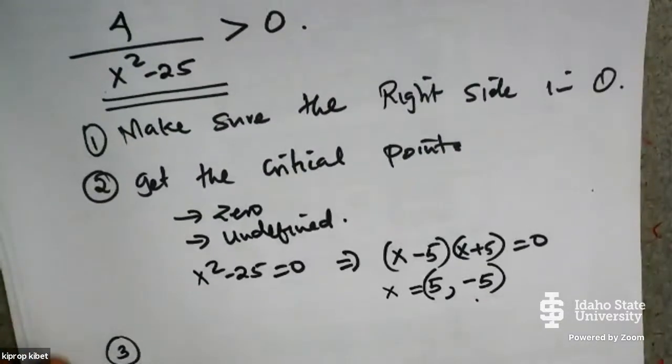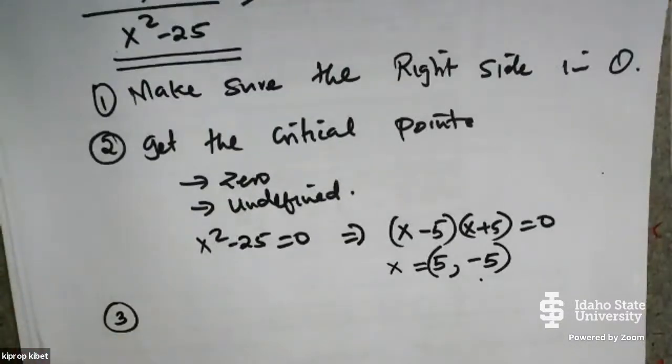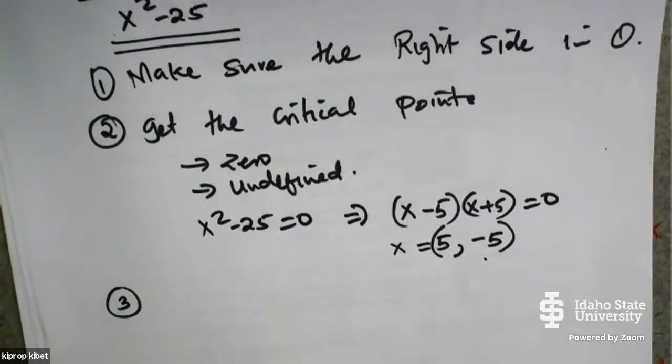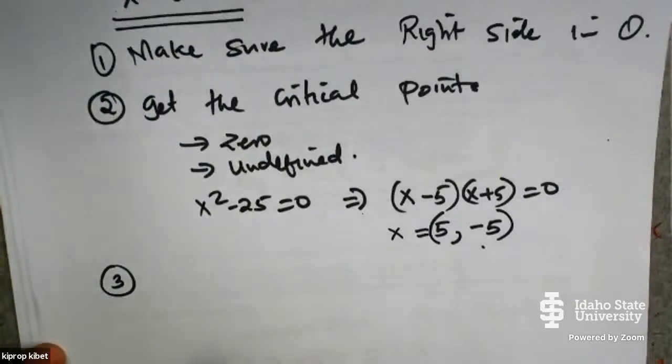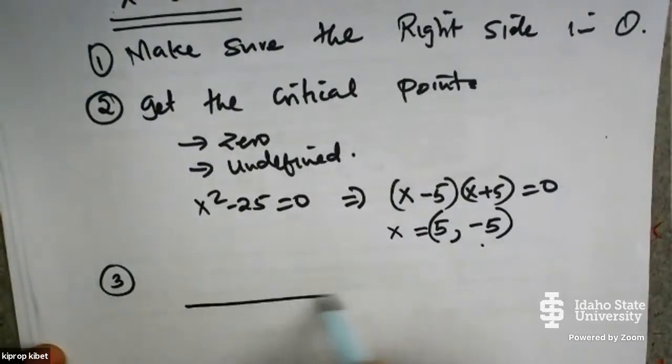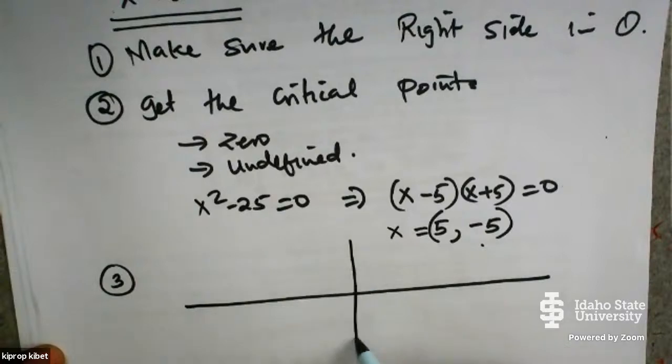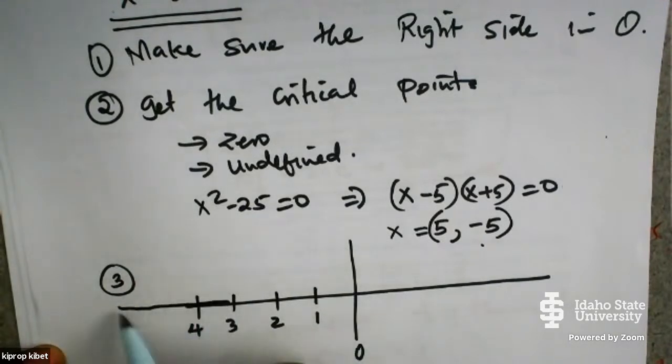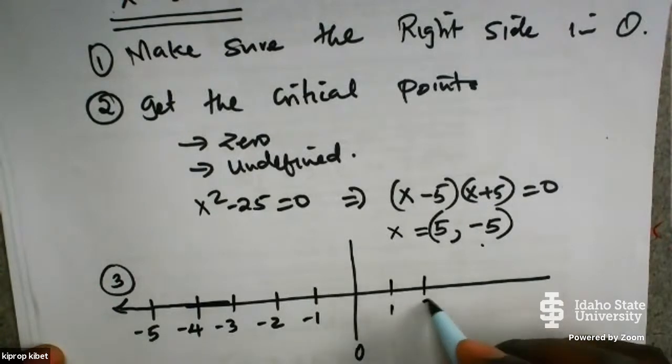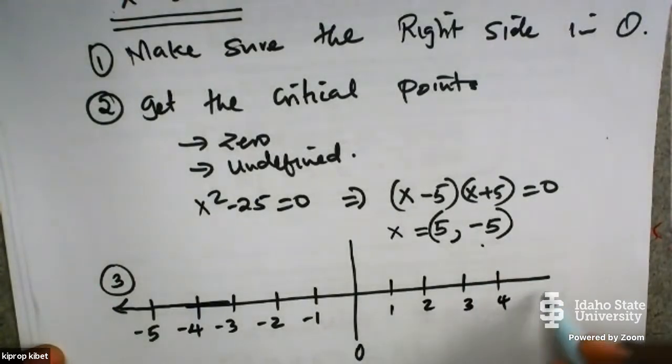So in number 3 now, you create the levels. Using the points where it becomes undefined, you create the levels on the number line. So you come to the number line, okay? So this is 0. So 1, 2, 3, 4, 5. And all these are negative. Then 1, 2, 3, 4, 5.